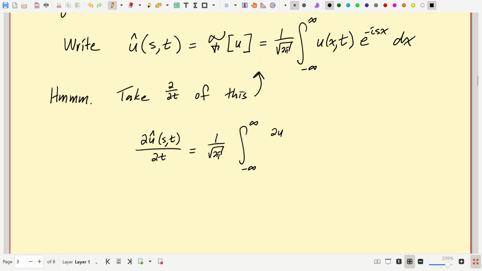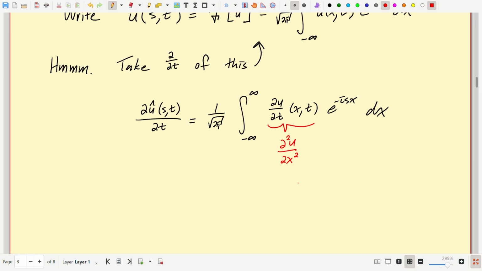And that would give me a du/dt in here. And this is going to satisfy the heat equation. So this is equal to d²u/dx², a second derivative.